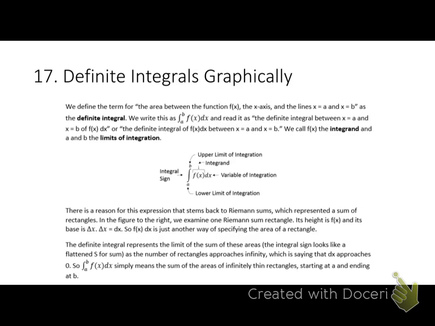the reason that we have this equation goes back to our Riemann sums. So we know that we're finding the area under the curve by taking a bunch of rectangles and adding them up, right? And when you take the area of a rectangle, it's base times height. The base is dx, so it's delta x. It's that little change in x.